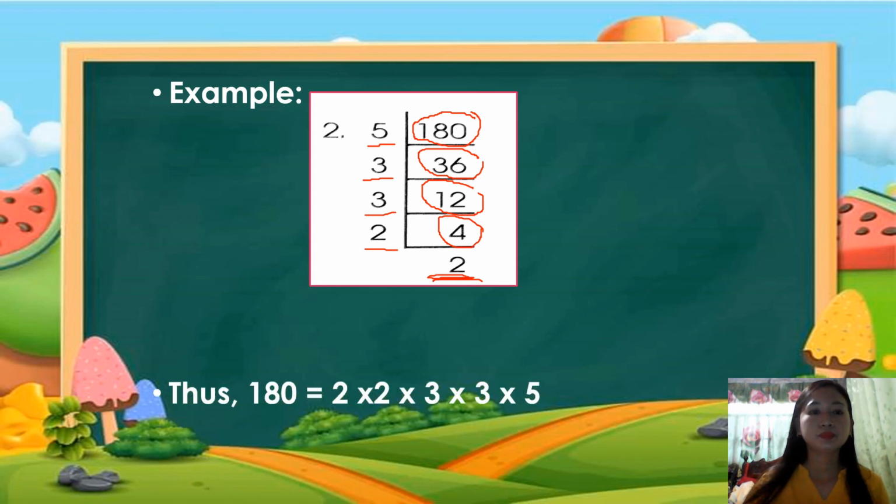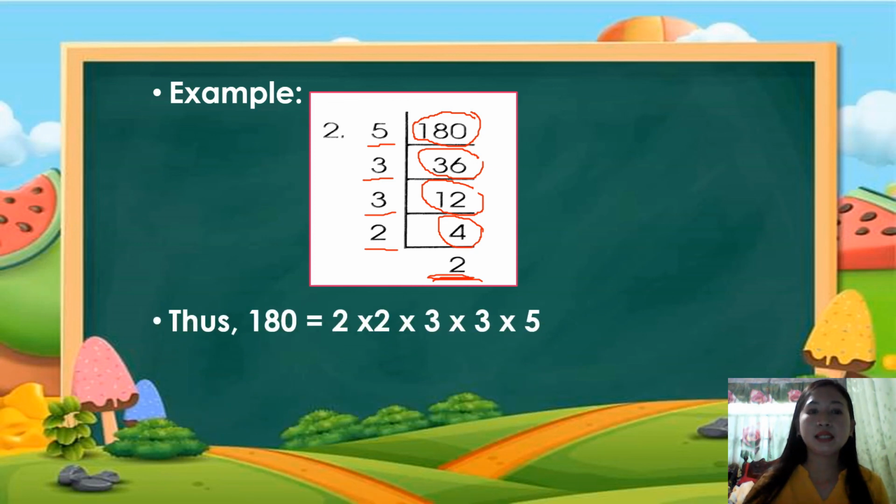So the prime factors of 180 are 2 times 2 times 3 times 3 times 5.